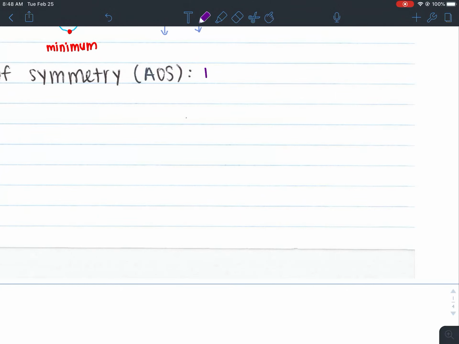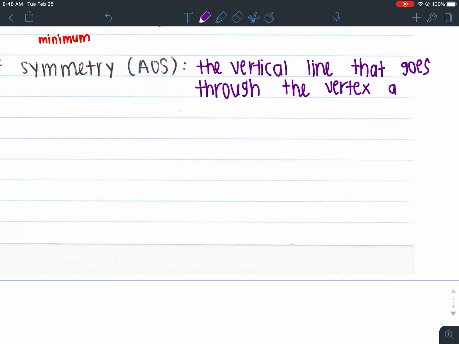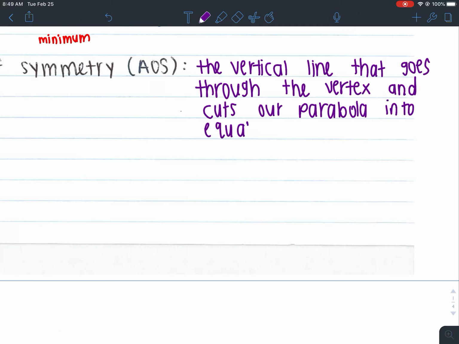So the axis of symmetry is the vertical line that goes through, and again, I'm giving you the fancy definition first, that goes through the vertex and cuts our parabola into equal parts.